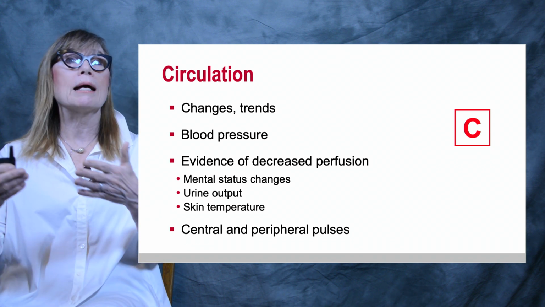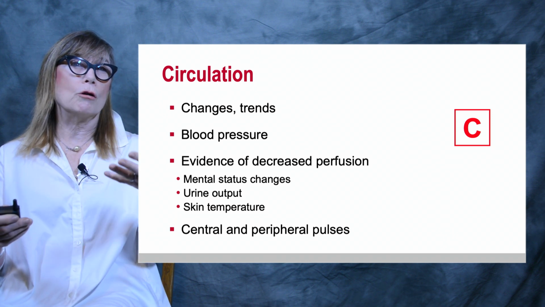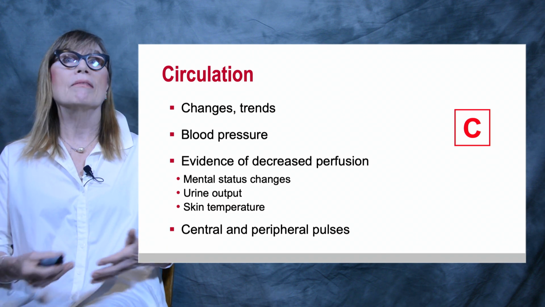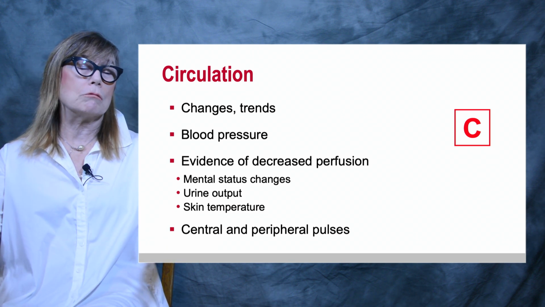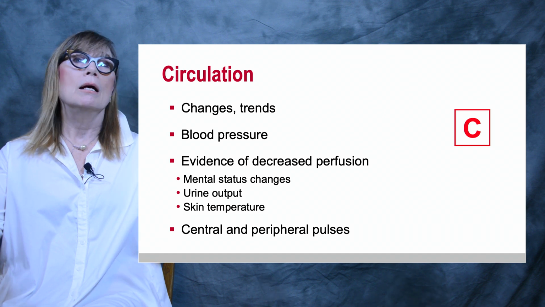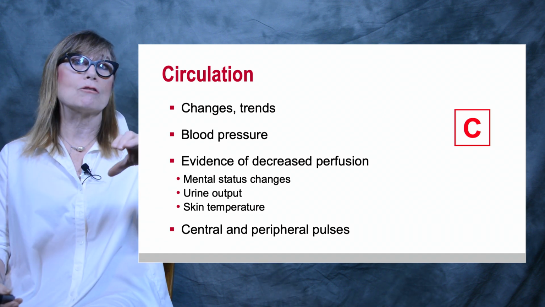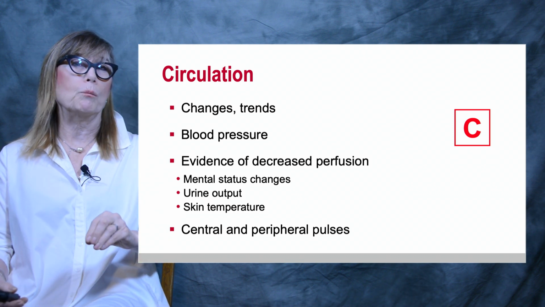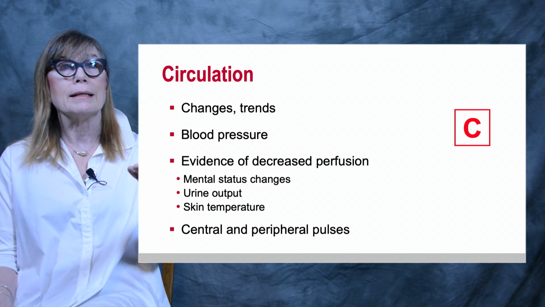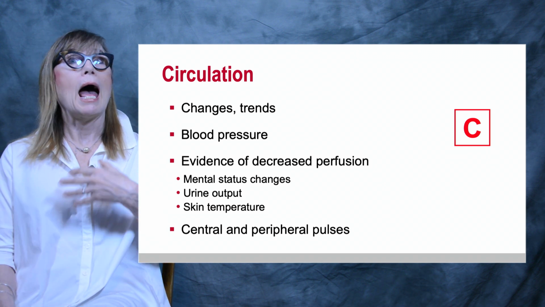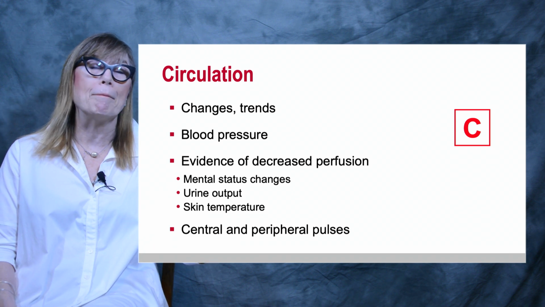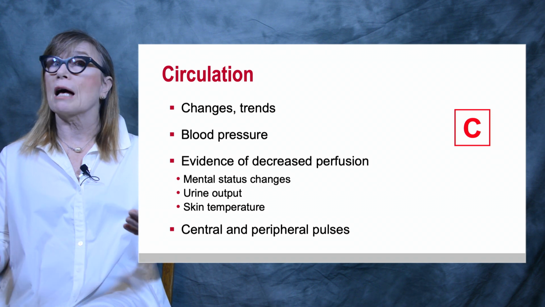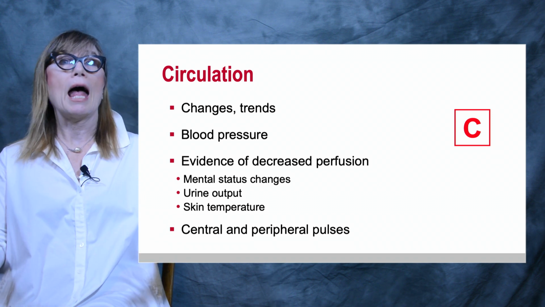And I'm going to correlate that to a reduction in your urine output, remembering that urine output measurements are hourly, and that if we look at hourly measurements over a period of time, maybe 6 hours, we divide that total by 6 to tell us the average urine output, and then we divide that urine output by your weight, in order to tell us about how much urine per kilogram per hour you are making. So we bring that back to central and peripheral pulses, which will give us an idea about your blood flow dynamics.